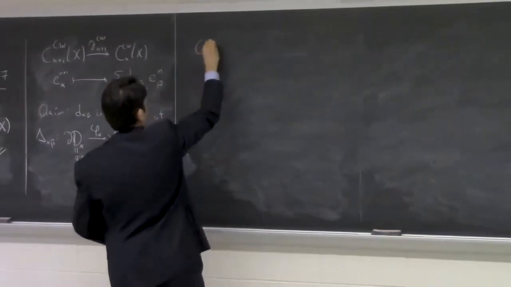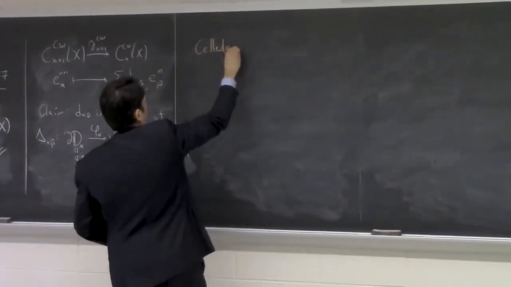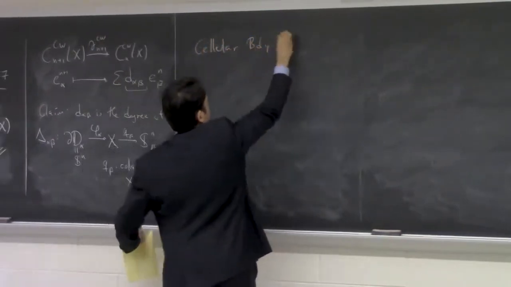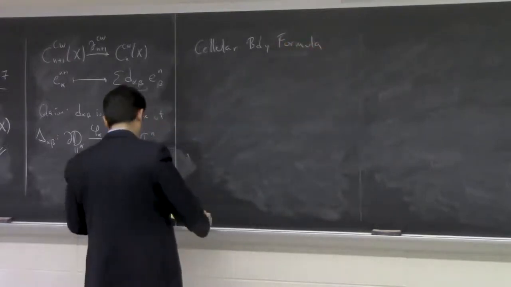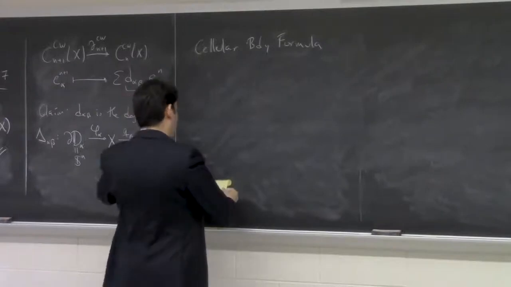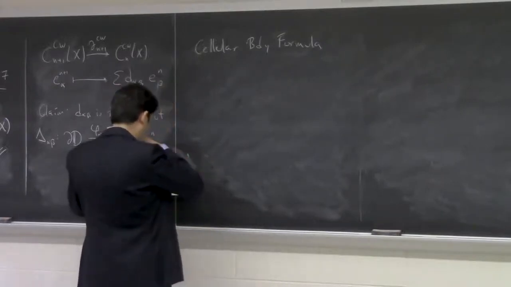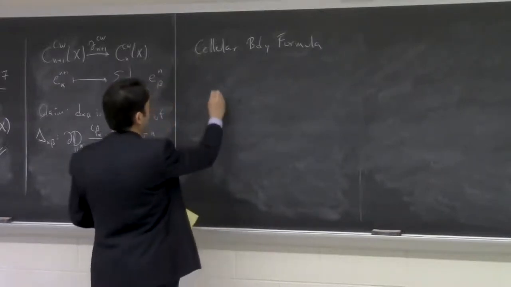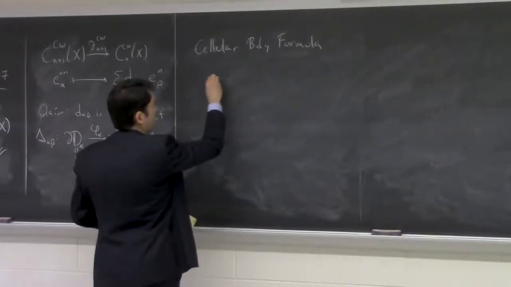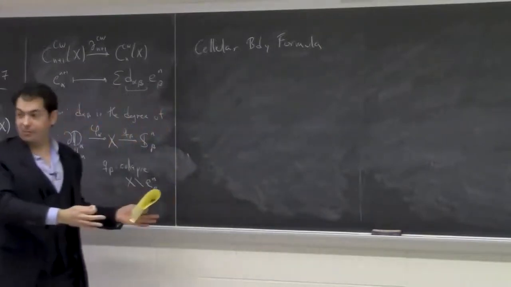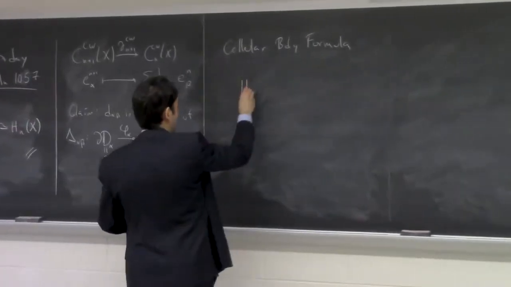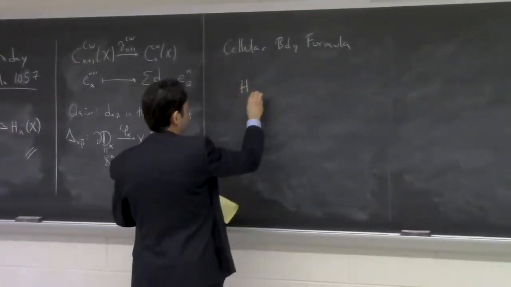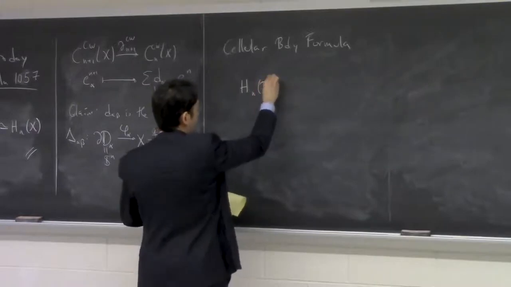Okay, so this is called the cellular boundary formula, for obvious reasons. Again, we just have to draw the right diagram and then stare at it. So in this case, the diagram is going to be like this.